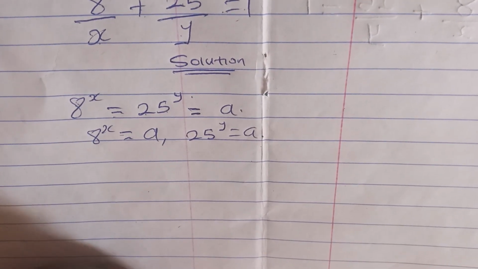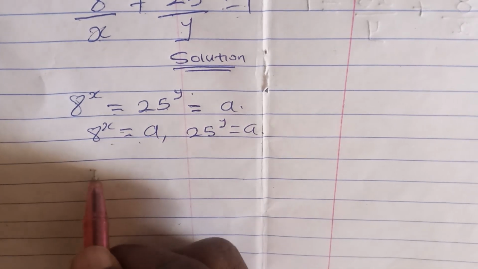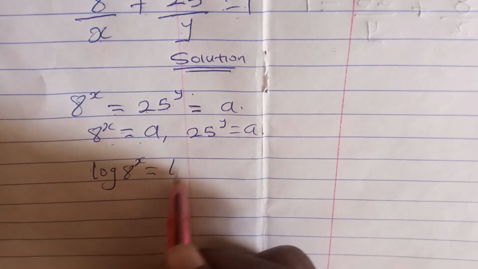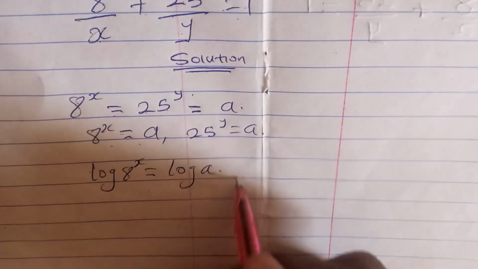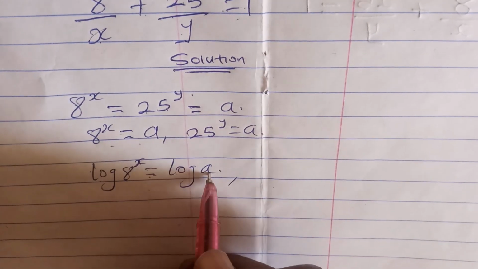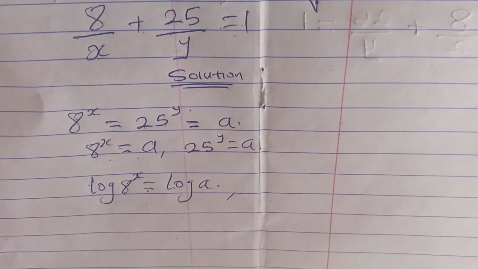So what then is the next step? I can take the log of both sides of the equation. So I can say log of 8 to the power of x is equal to log a. Having done this, what then is the next step?